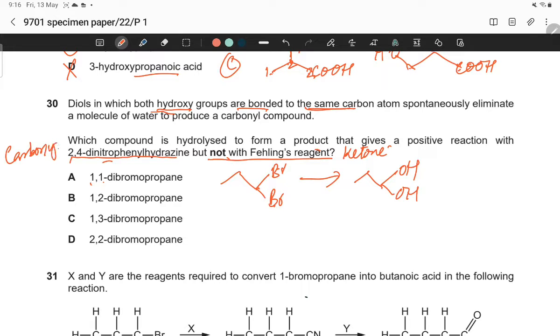The compound should be a ketone. Yes. So this one is not a ketone. On hydrolysis it forms an aldehyde. So it is incorrect. 1,2-dibromo.